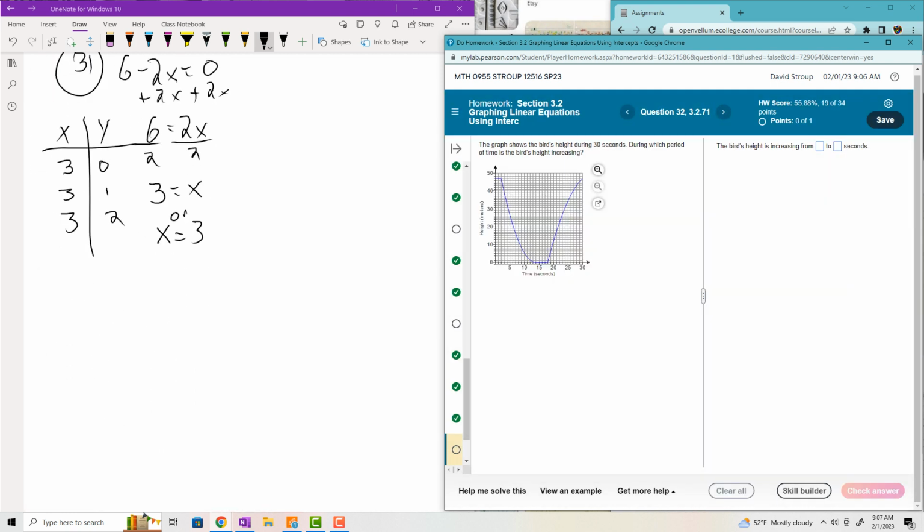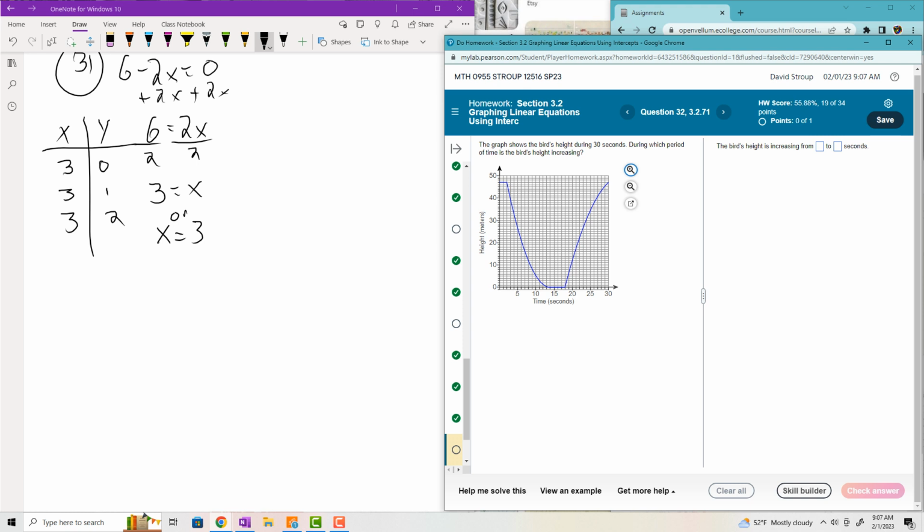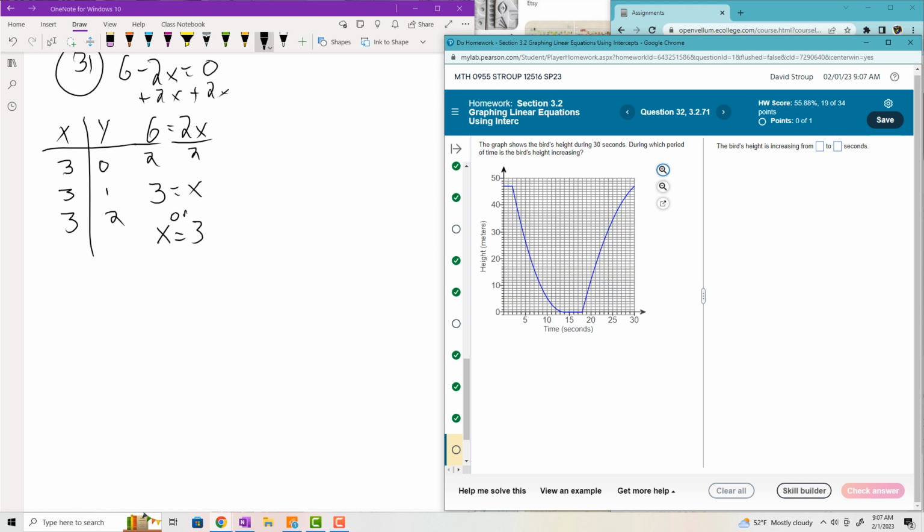Okay, now we're getting into more of the kind of application type exercises. In this problem, it's a graph of a bird's height over time. So it's going to start out there really high, almost 50 meters. That's the y-intercept. Looks like it's maybe 47 meters high.